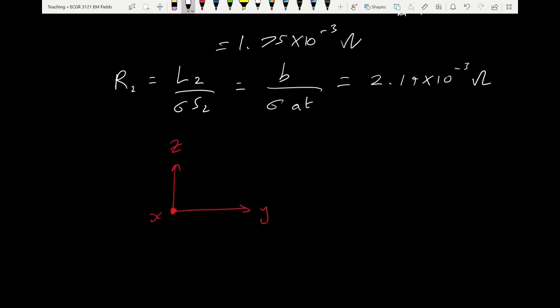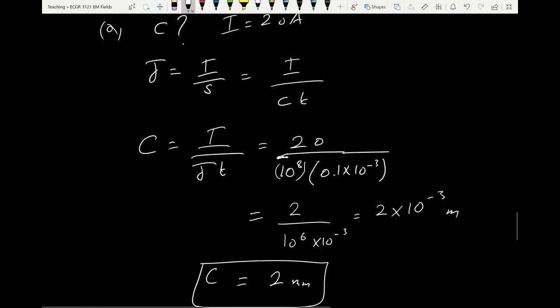So now I'm going to center the trapezoid, align it with the y-axis, right? So that it's going to be centered around the y-axis. So I'm going to draw it like this, right? And this distance here is A. What's the distance there?